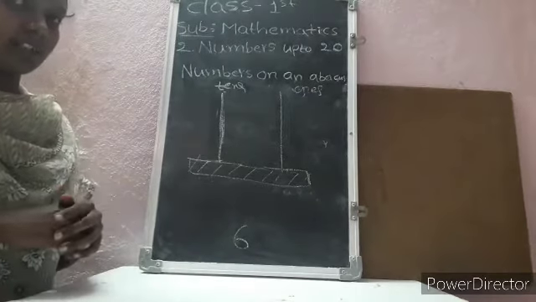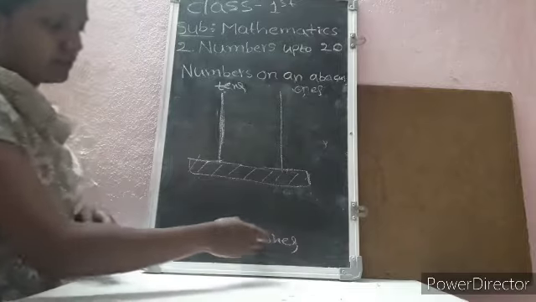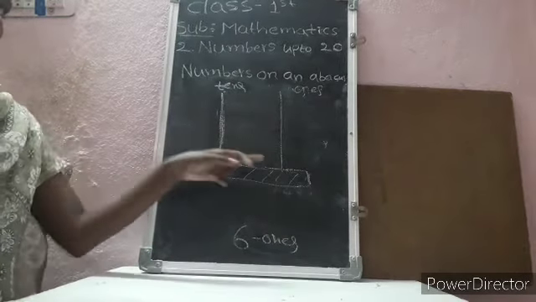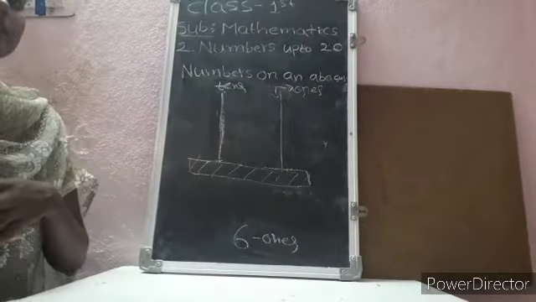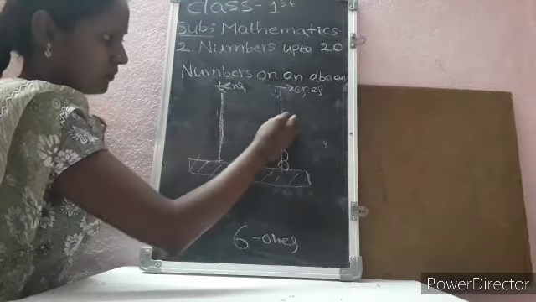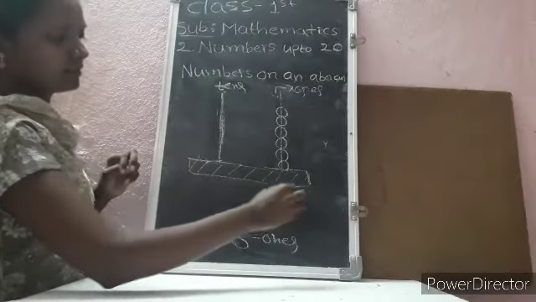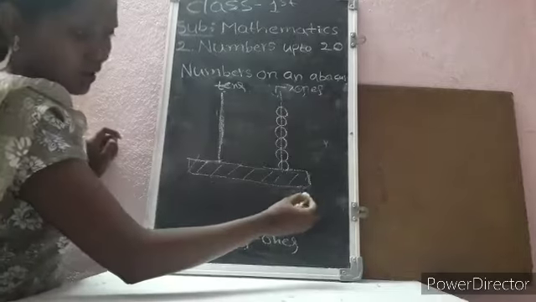Any single digit is placed in the ones place, you already know, no? So now we draw 6 beads on the ones spike. 1, 2, 3, 4, 5, 6. So let's see whether it is right or wrong.